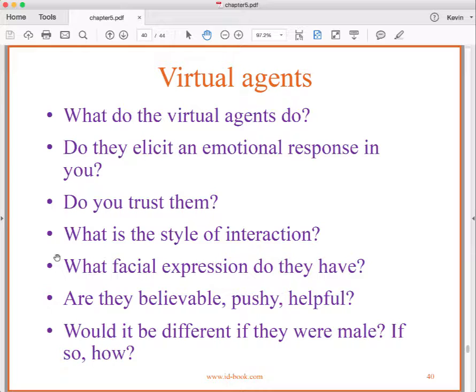Are they believable or pushy or helpful? And the interesting part of the exercise is to go find some other e-commerce site that's doing a comparable transaction, but without a virtual agent, with a browsing interface, and see how that goes.